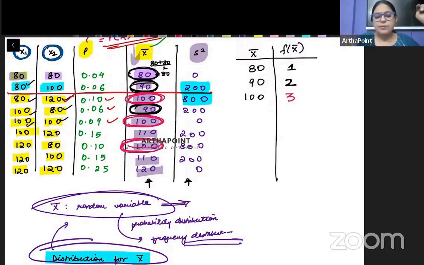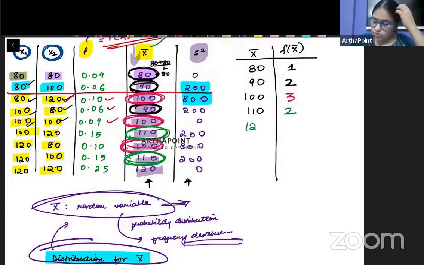So its frequency is 3. Then the mean value 110. Here and here. So 2. And at last, we see that the mean value is 120 and its frequency is 1.